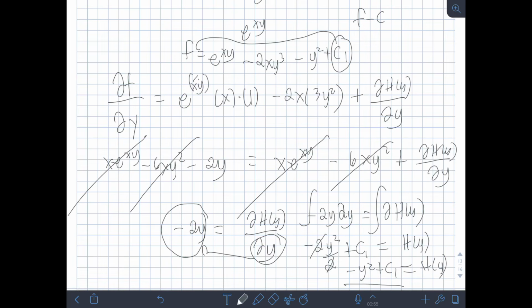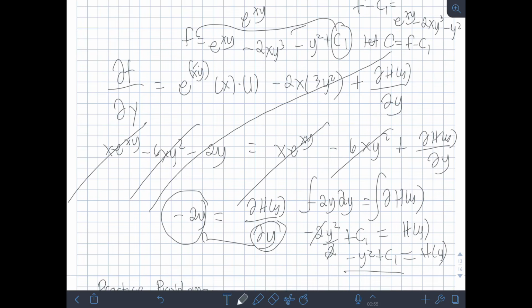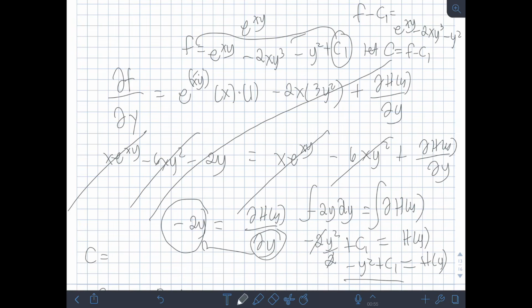So, f minus c1 is equal to e raised to xy minus 2xy cubed minus y squared. Then, let c equal f minus c1. So, it becomes, c is equal to e raised to xy minus 2xy cubed minus y squared.